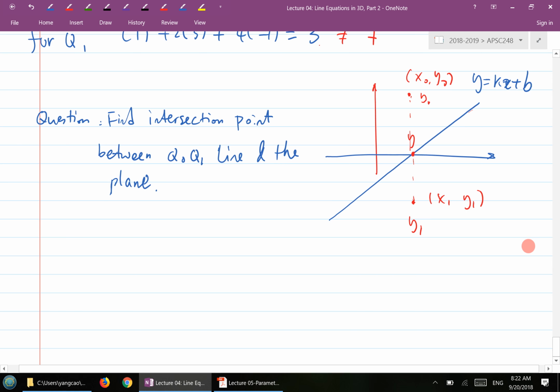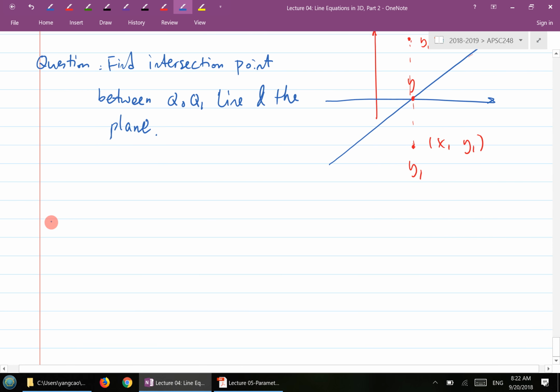Okay, and then finally, before we move on to the new topic, I also wanted you to think about another three geometric relations. We have learned lines, we have learned the plane, and here is the line and plane relative relationship.